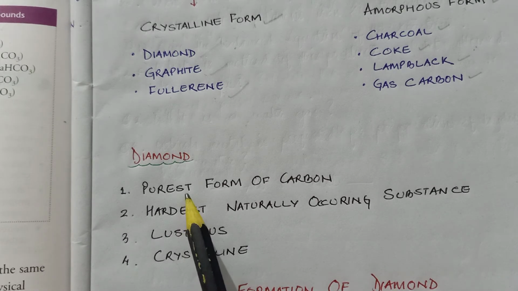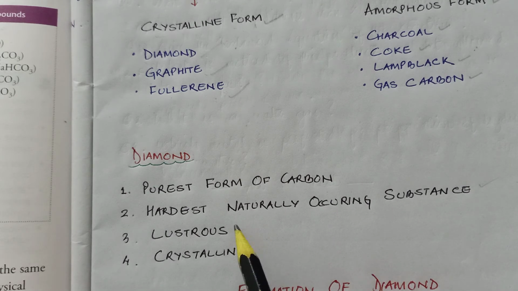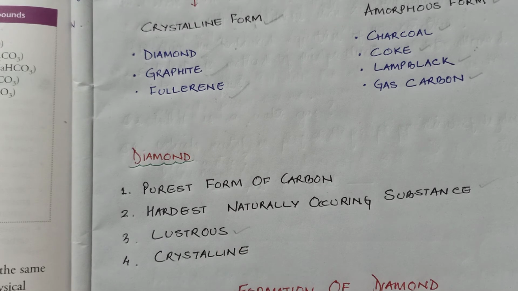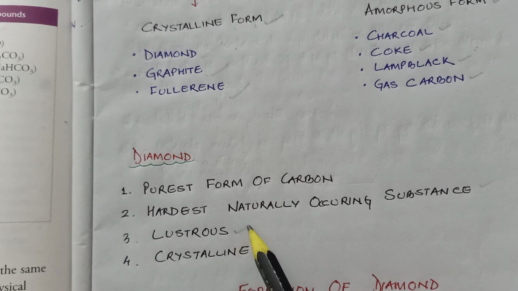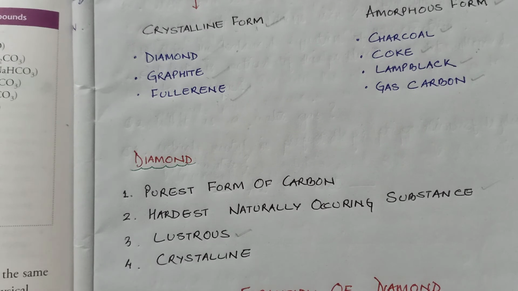Although carbon is a non-metal, diamond is also lustrous, which is a property of metals. Lustrous means it has a shiny nature.